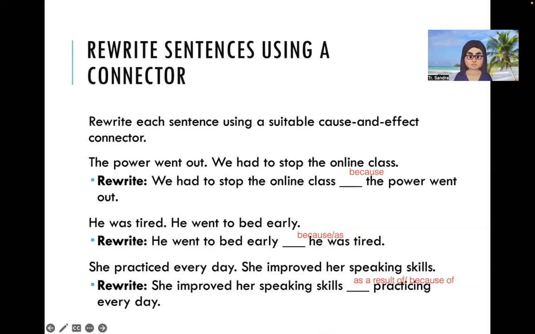But remember, because is often avoided at the beginning of a sentence in formal writing. Okay? You should not start your sentence with because in formal writing.